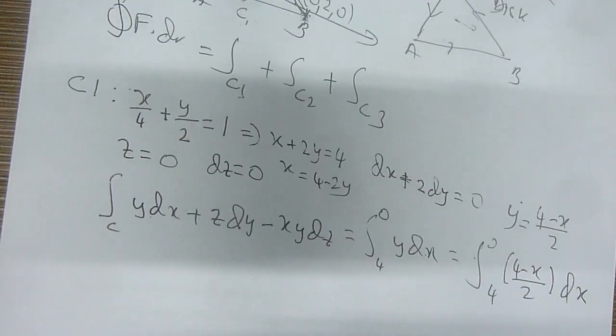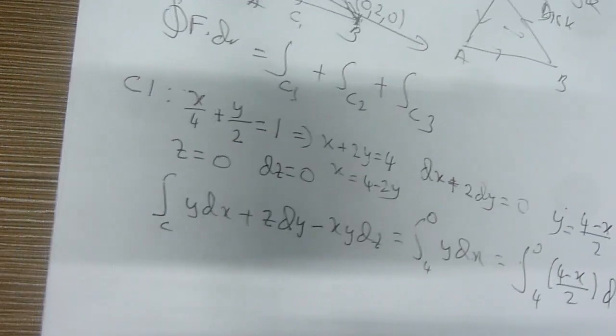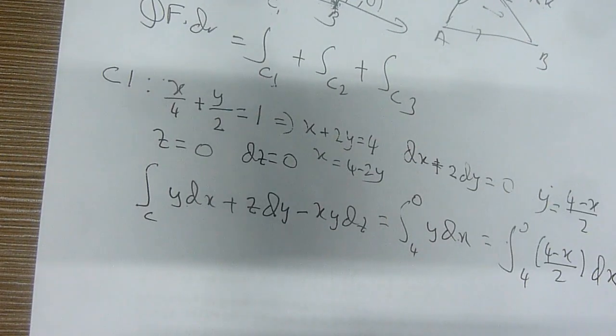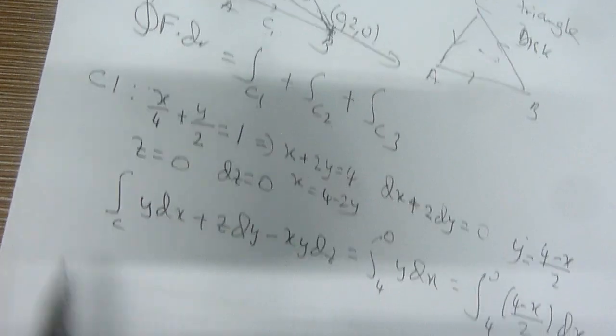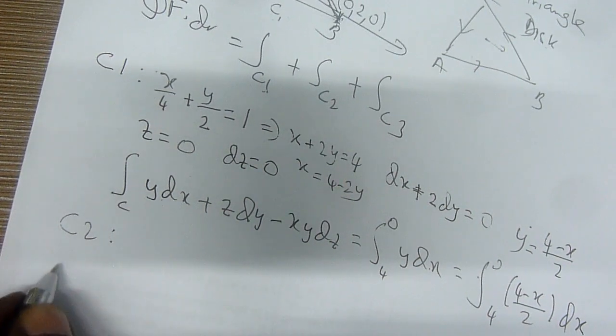Because I want to save some battery energy, I'll quickly jump into the Stokes. This is how you should find C2 and C3.